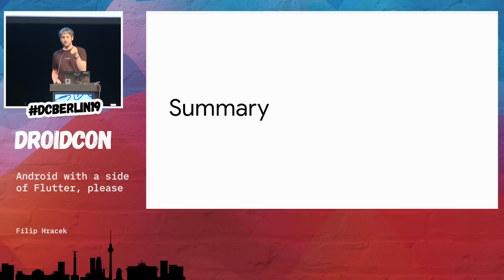If you have an Android view, you can put it into a Flutter view, but you have to render it and then put it into your Flutter content and show it there. So there are limitations this creates, but it's also a strength because you can now do whatever you want with that.